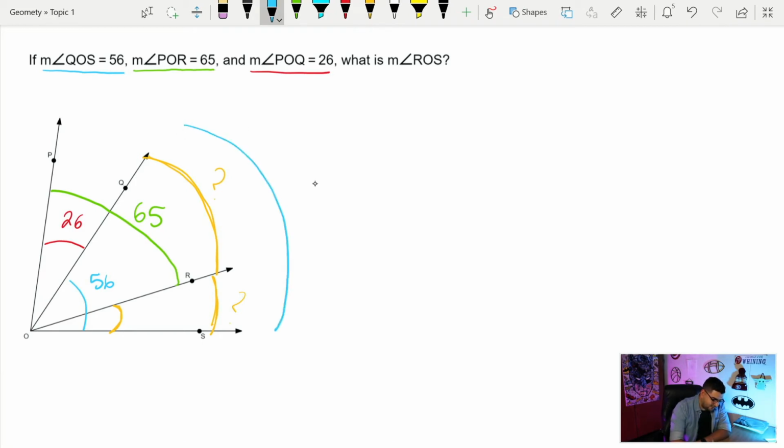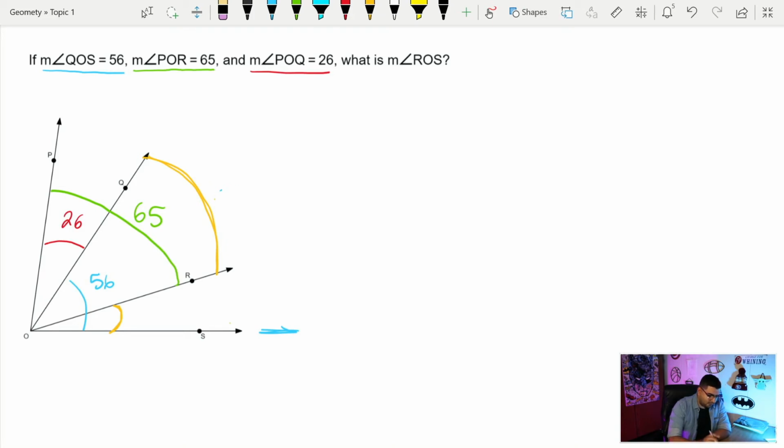So if I can find this piece on the inside, I can do 56 minus this amount, and that'll leave me left over with whatever this is. So the question becomes, how can I find this piece first?